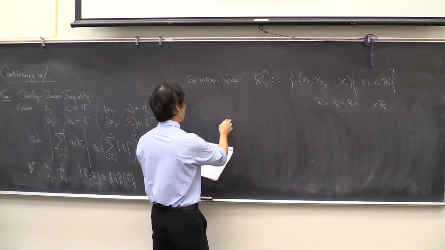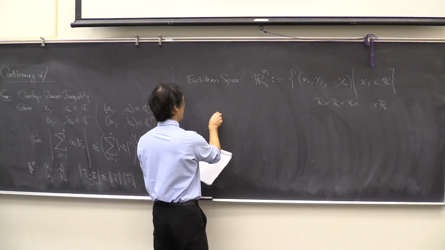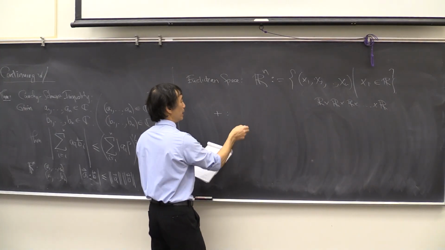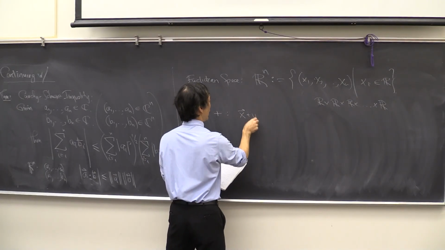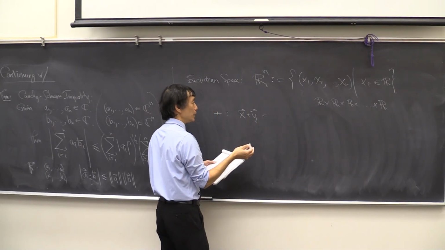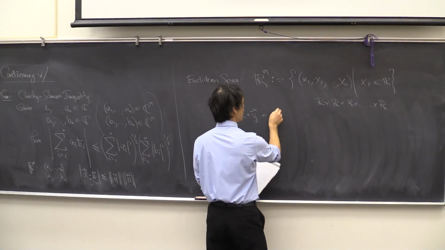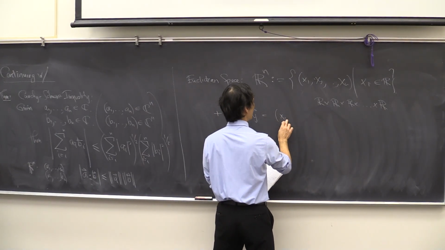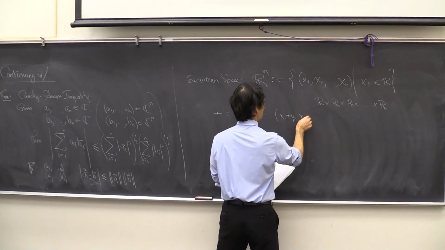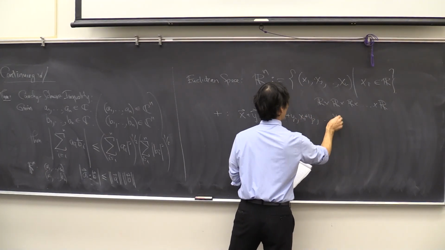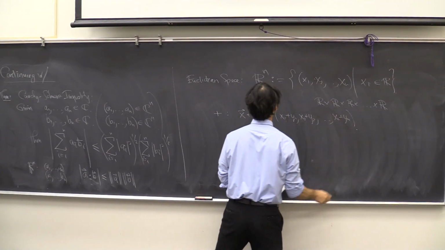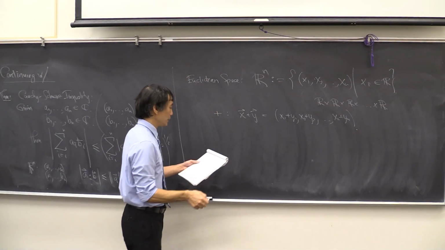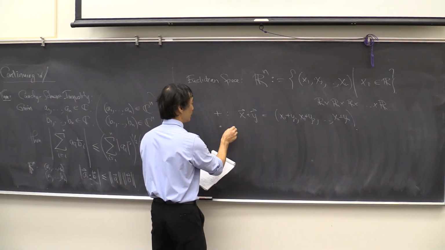As you're probably well aware, you can add things. If I have x plus y, we can define an addition on the space, which is simply component-wise addition: x1 plus y1, x2 plus y2, up to xn plus yn. There's also a way of defining scalar multiplication.